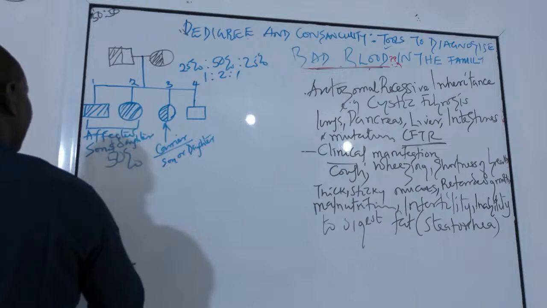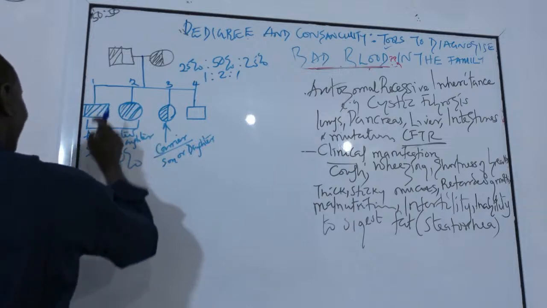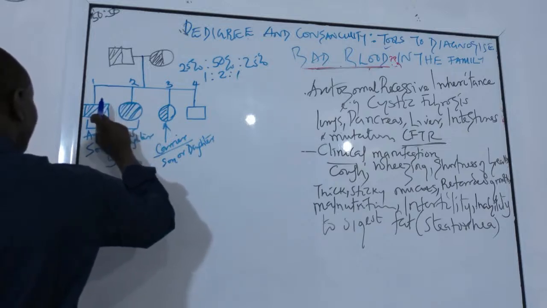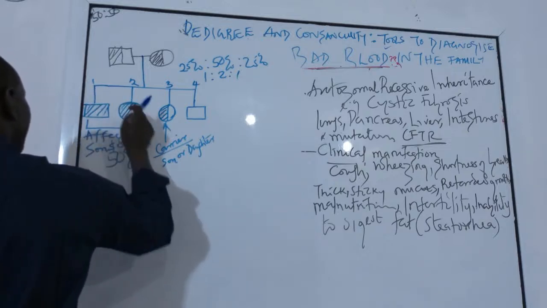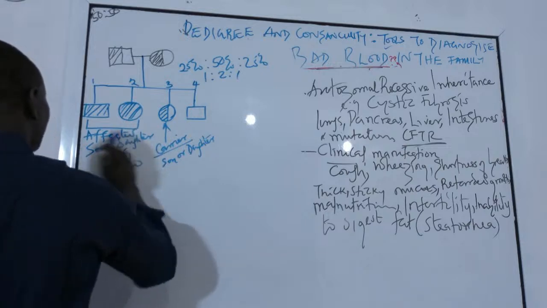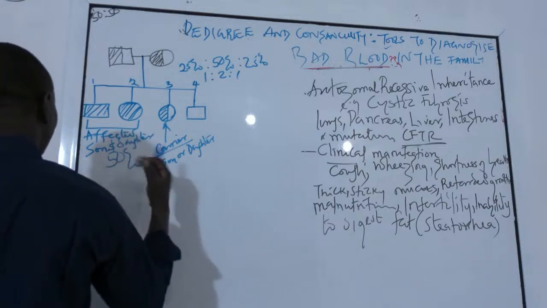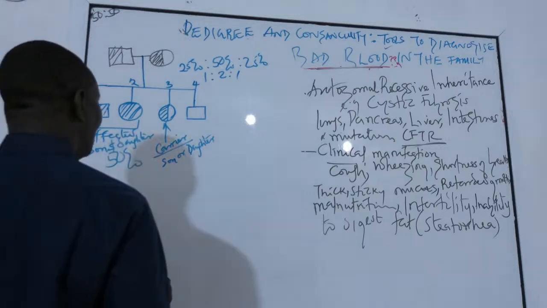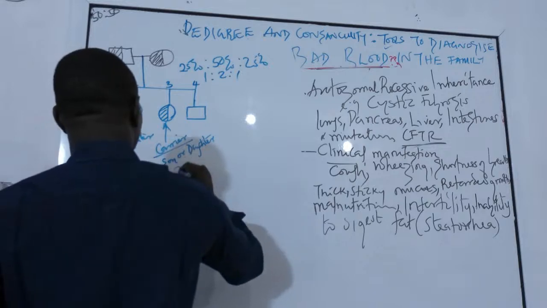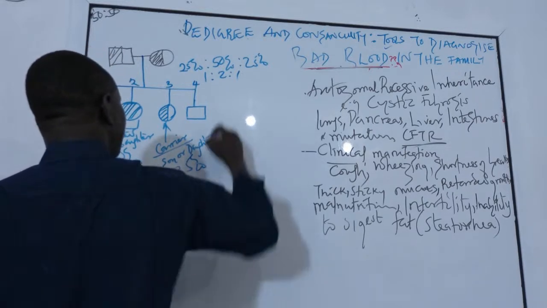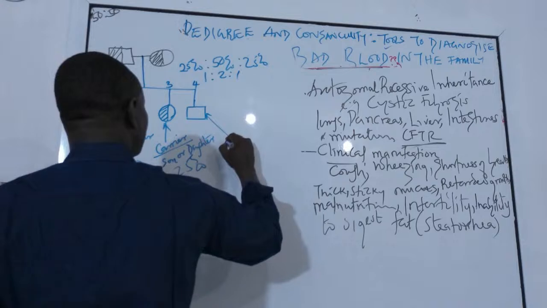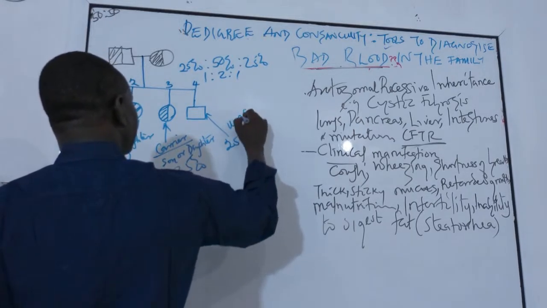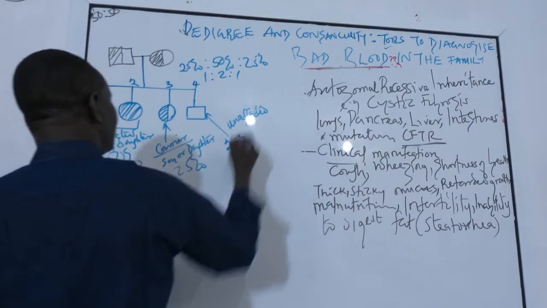When I said affected son and daughter, it could also be affected daughters. This one can be a male, a female, or this one can also be a male. So it can be affected sons, it can be affected daughters, then it can be affected sons and daughters. Okay, so 25% is going to be affected, 25% is going to be a carrier, and the other 25% is going to be unaffected by this condition.